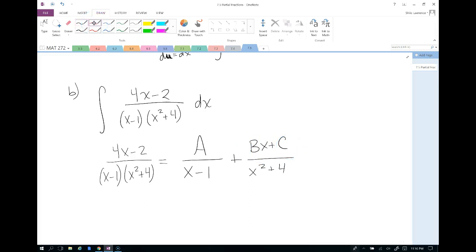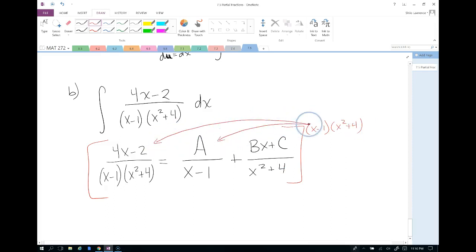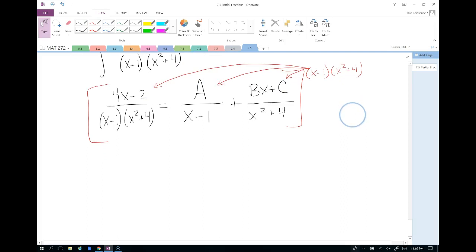To start solving for our arbitrary constants a, b, c, remember we're going to multiply through by that original denominator. That will clear our fractions. Going to multiply all 3 fractions by it. It will completely cancel off the original denominator since they match, and we'll just be left with 4x minus 2.